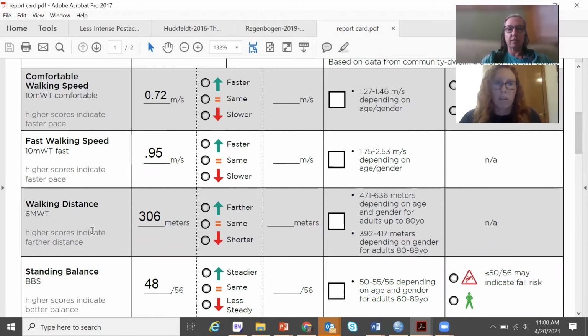So the 306 meters in 6 minutes brings her to 0.85 meters per second. So if we compare that to her 0.72 and 0.95, it's right in the middle there. Great. And that actually tells us quite a bit. So this is an individual who potentially has that capacity for community ambulation.